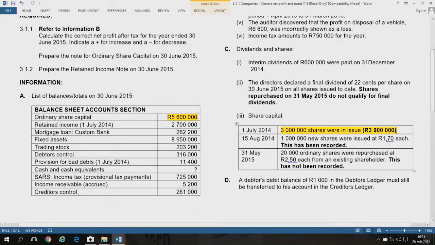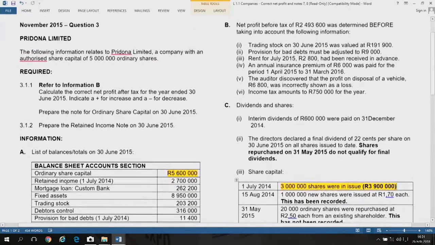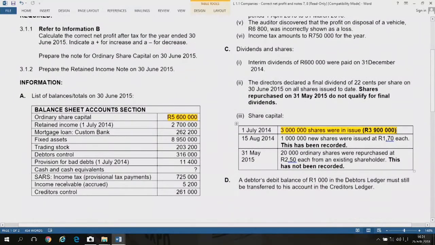I will stick to the information. Remember, I said that 5 million shares was authorized. So we will say 5 million ordinary shares. Remember, you cannot just say shares because we also have preference shares, but in the school syllabus we only work with ordinary shares.